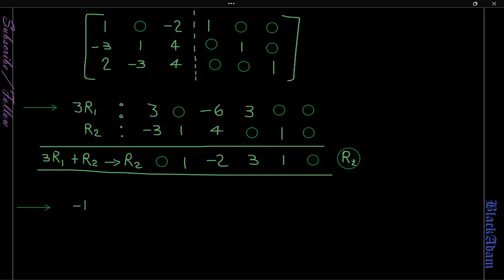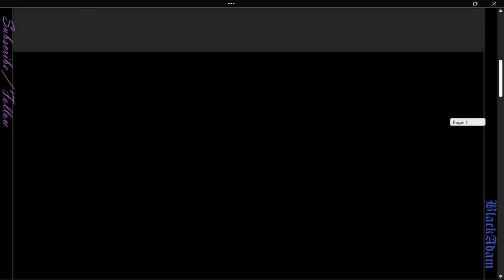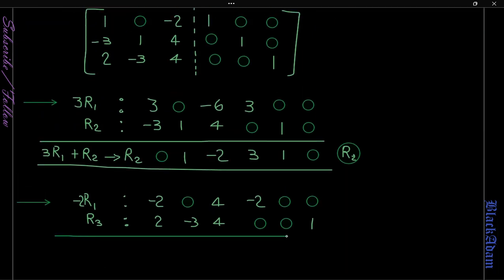And we can also use row 1 and row 3. So we're going to multiply by -2. Row 1 times -2 will give us -2 0 +4 -2 0 and 0. And then we have row 3, which is 2 -3 4 0 0 1, and then we have to add them together.